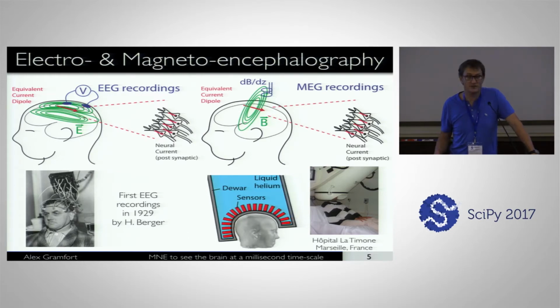You can also use another technique called MEG, or magnetoencephalography, which measures the magnetic field produced by the brain. You can record it with very fancy sensors that we call SQUIDs, which live in a very low temperature medium, and that record things on the order of a few femtotesla. So very, very tiny fields that also produce these types of time series.